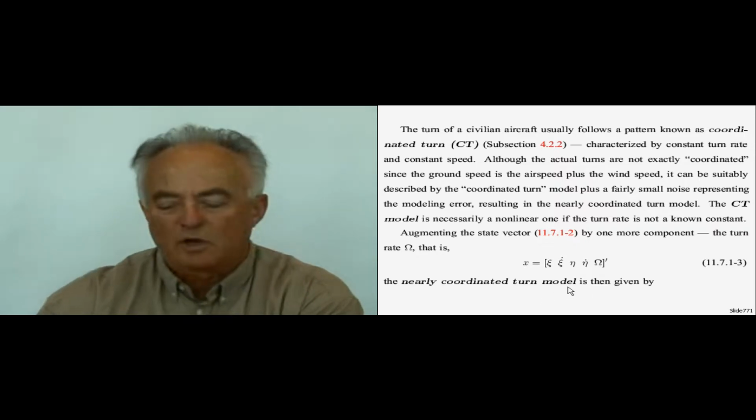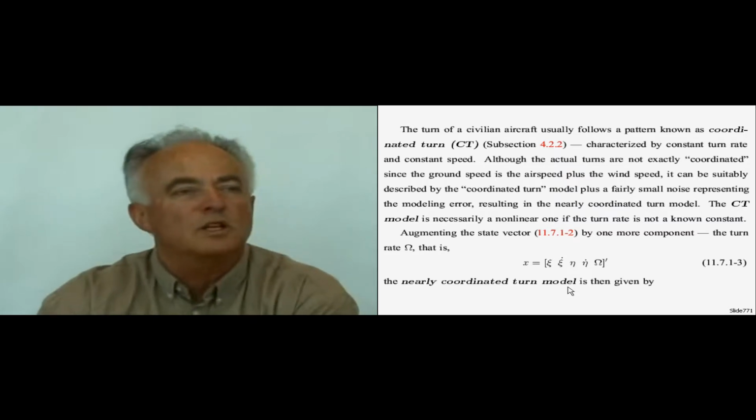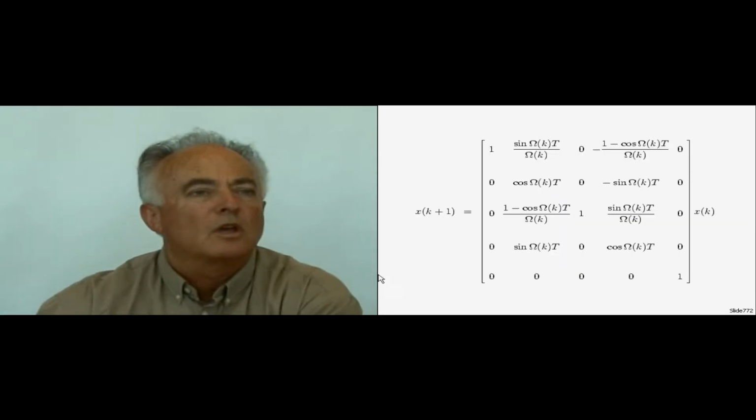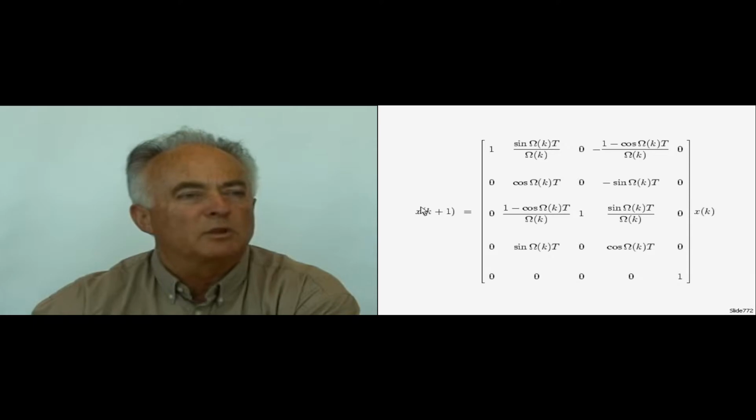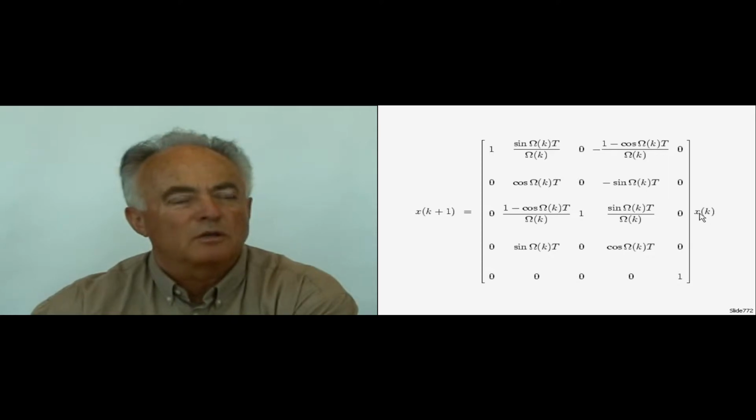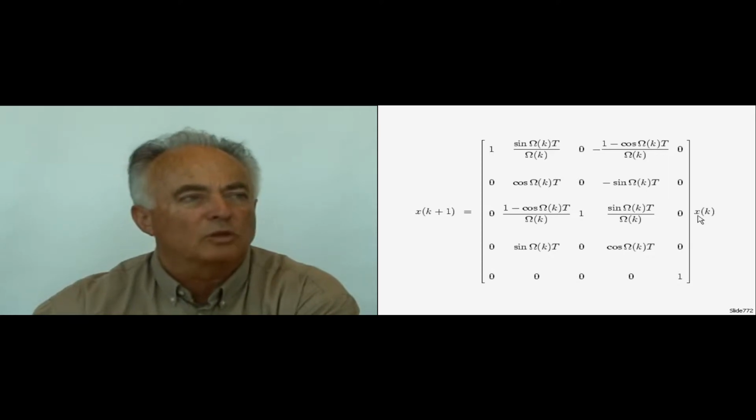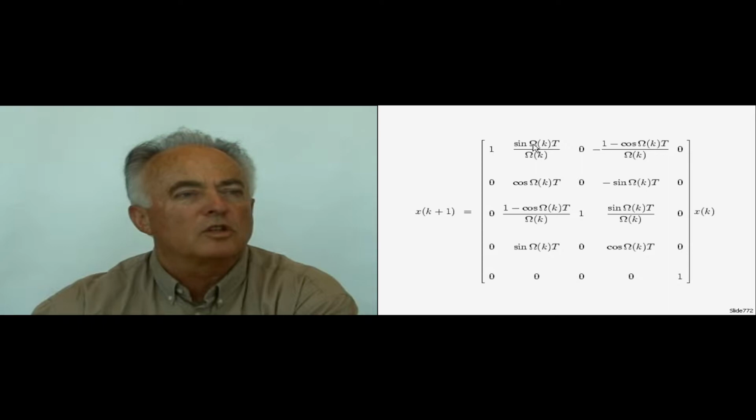Then we'll have an equation for this nearly coordinated turn model without the process noise, which comes on the next page. The 5-dimensional vector is given by the previous value of this vector. You can see the coupling, and this is essentially the equation from chapter 4.